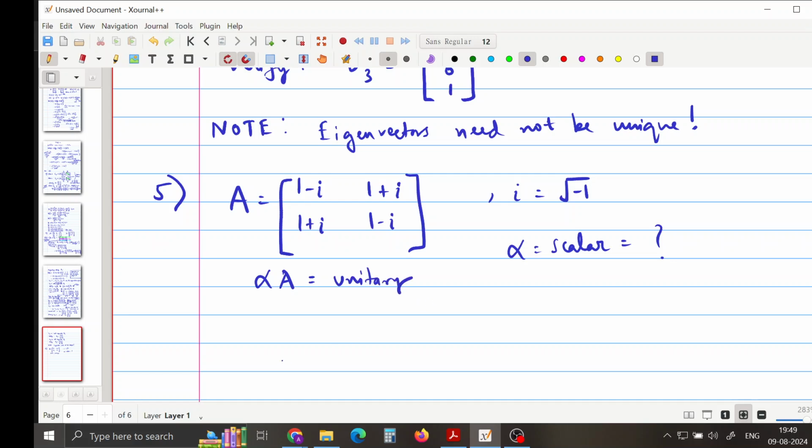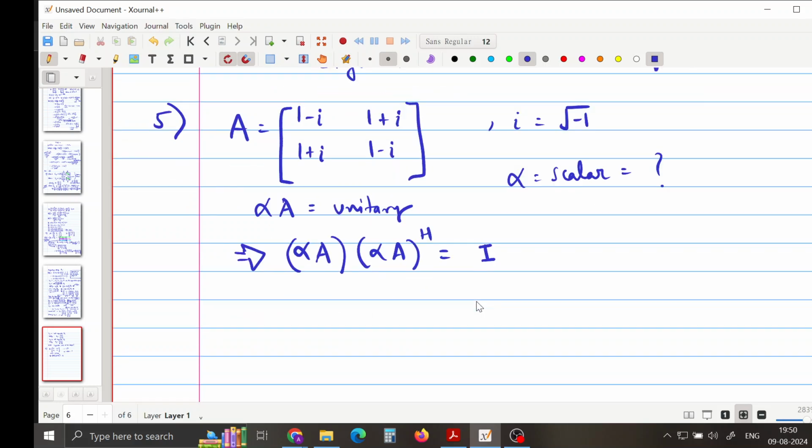So what is the property of a unitary matrix? If alpha times A is unitary, then by definition alpha A times alpha A Hermitian is equal to identity, and in the other direction, alpha A Hermitian times alpha A is also identity.